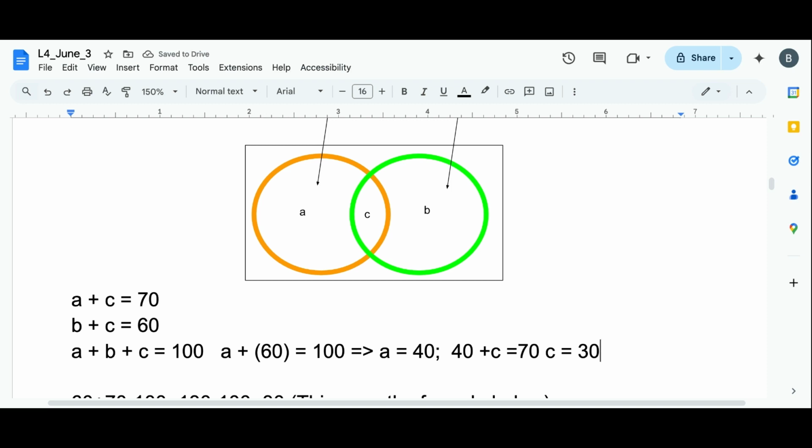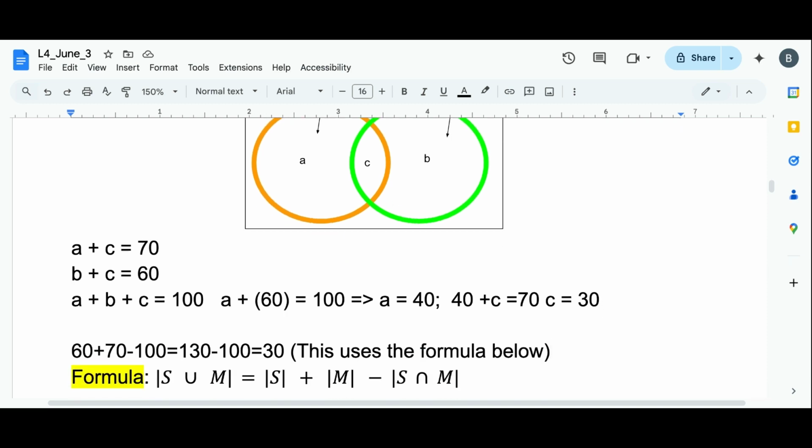But there is a shorter formula than this. So what's the formula? To find the size of the set S union M, S or M, we do the size of S plus the size of M minus the overlap.